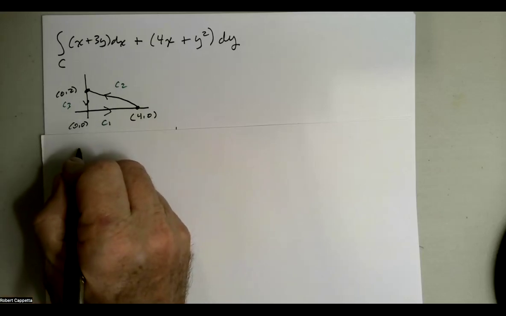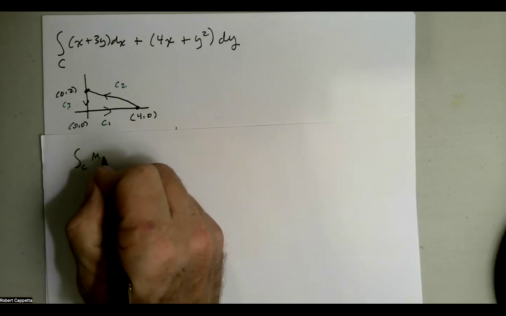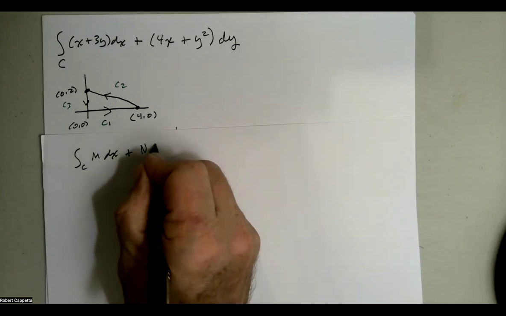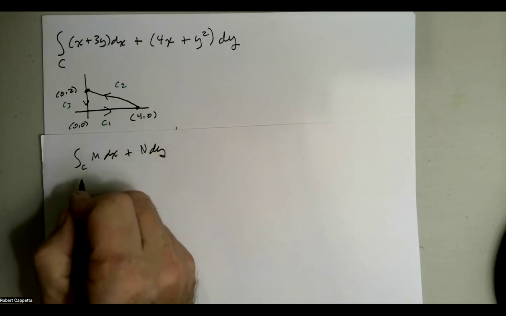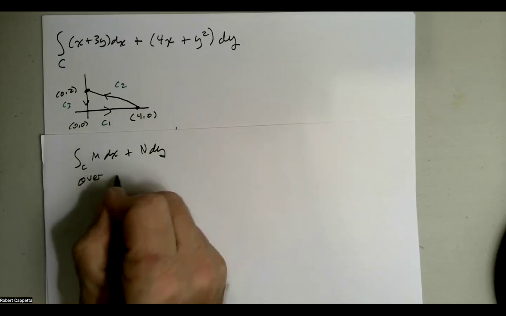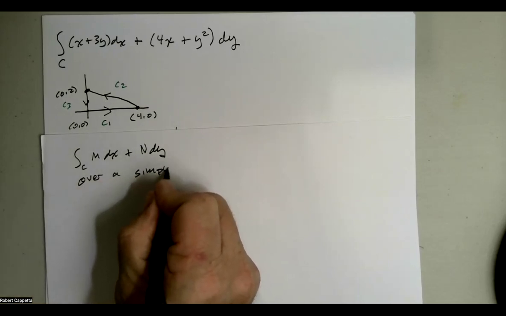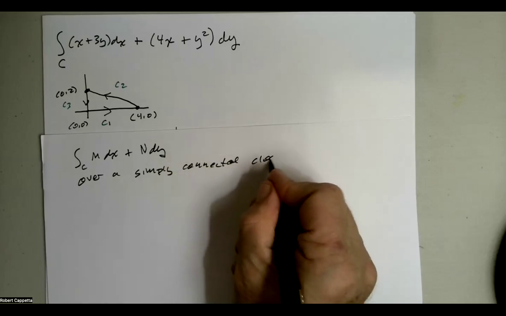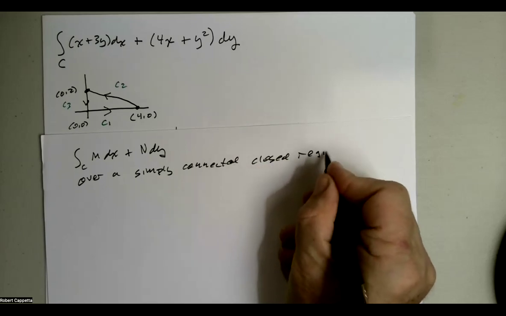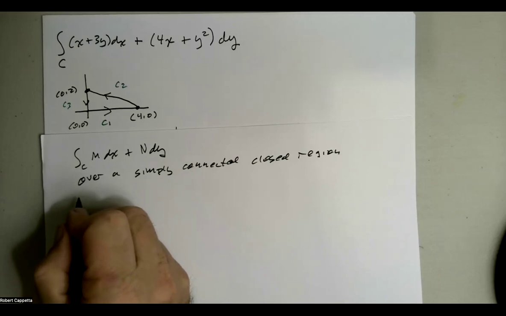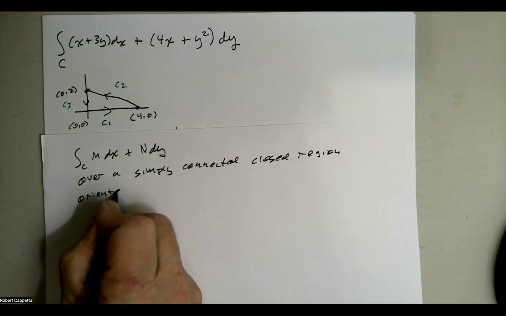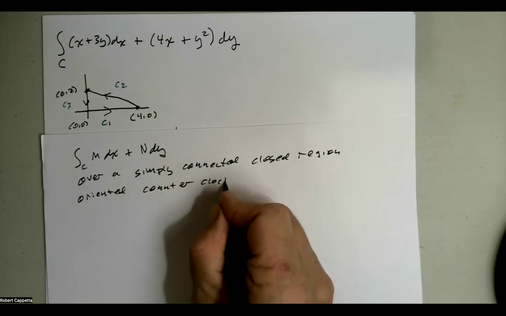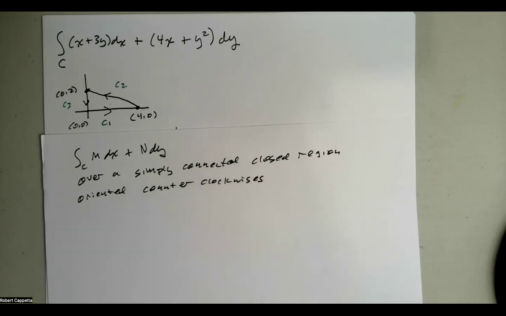And that will be a simpler way for us to do this. So how does Green's theorem work? So if I have a line integral over some function m dx plus n dy over a simply connected closed region, oriented counterclockwise, what can we say about that?